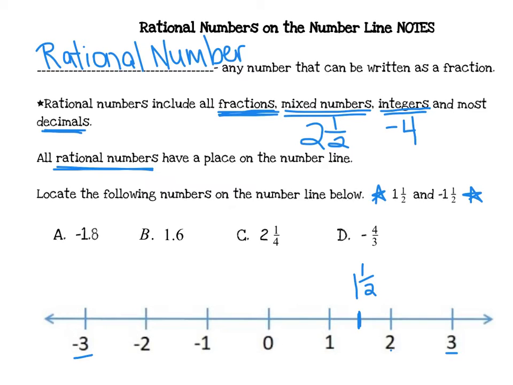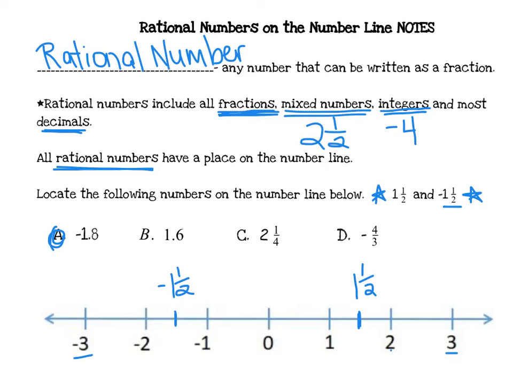The opposite of 1.5 would be -1.5. So that's going to fall halfway between -1 and -2. So I'm going to go ahead and graph that as well and label it. Okay, let's take a look at these other 4 points listed here. So first off, point A is at -1 and 8/10.